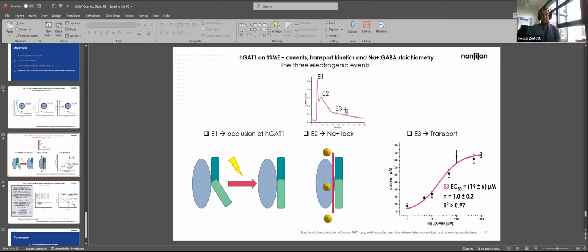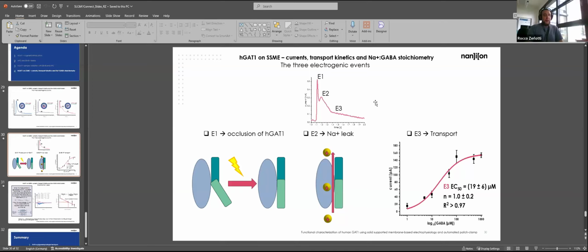Well, mainly because you can detect different events. Like I showed here, these triplets of events you cannot see with patch clamp, since the time resolution is different.